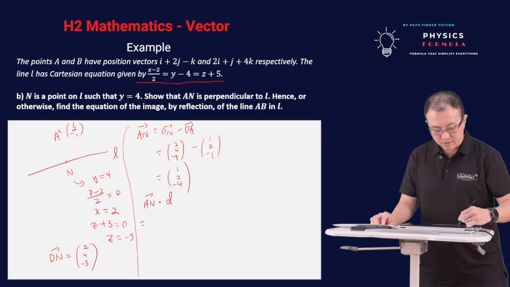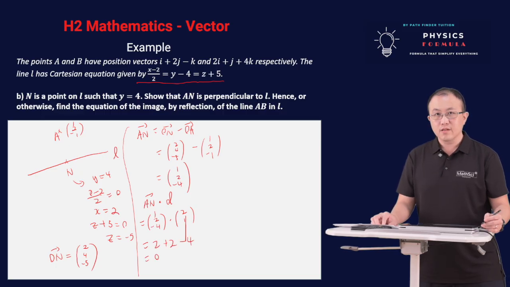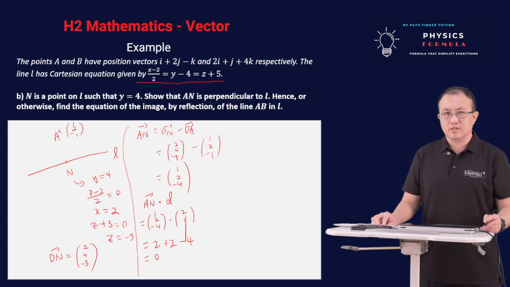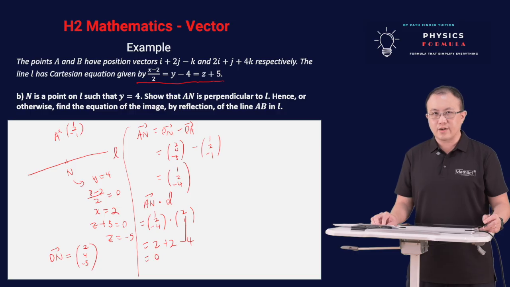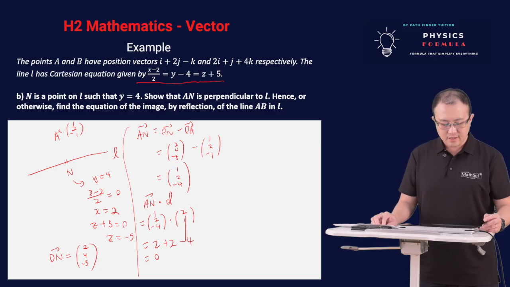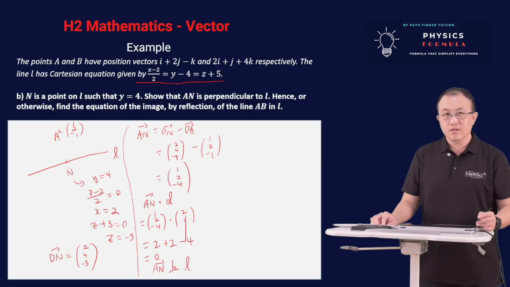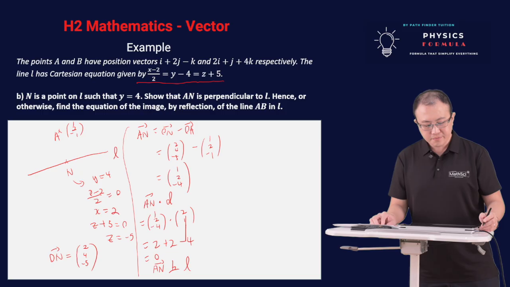So we're going to do (1, 2, -4) dot with (2, 1, 1). Then we will get 2 plus 2 minus 4, which is equal to 0. So in fact, AN dot with D is equal to 0. D is the directional vector of L. So this shows that AN is in fact perpendicular to L. We have shown it already.